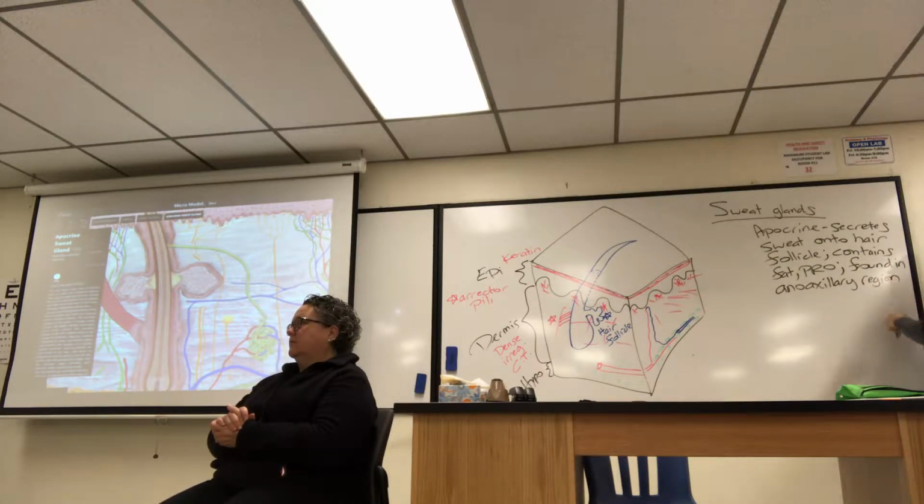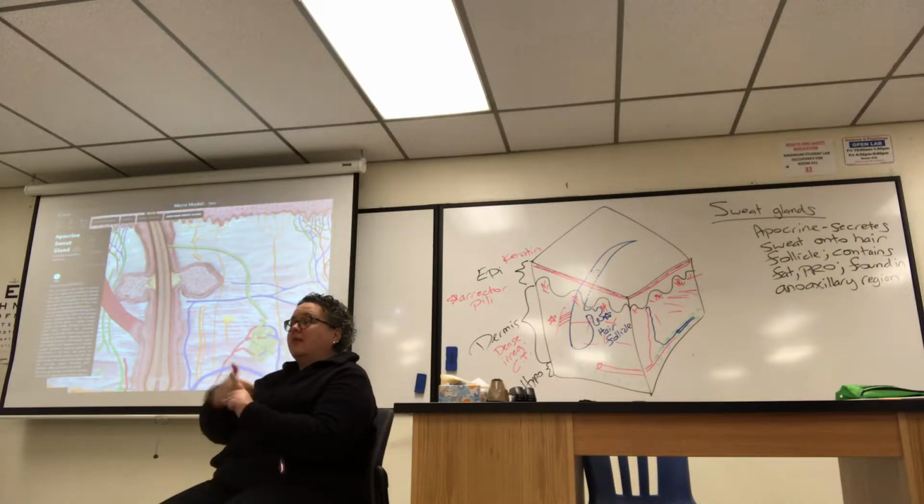Armpit, you know. Because the sweat has fat and protein in it, the bacteria that live in your armpit kind of metabolize that, and we kind of know it as body odor, right? Other sweat glands don't have fat and protein in it.